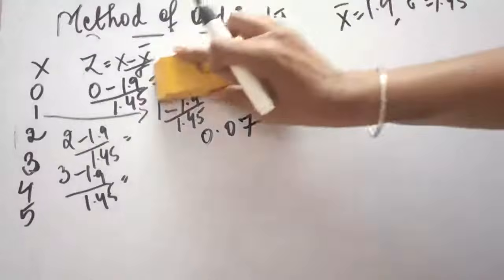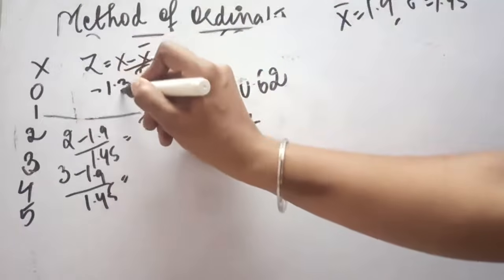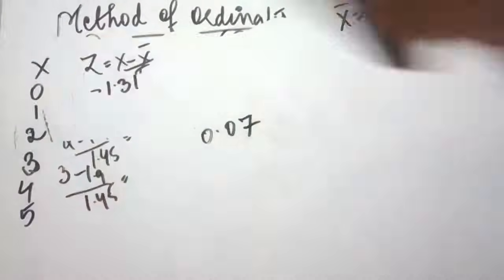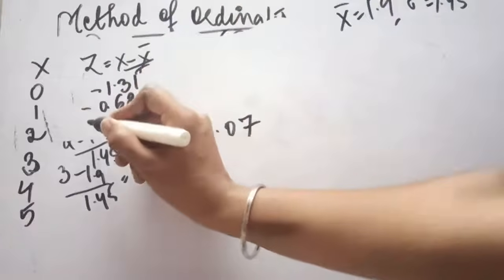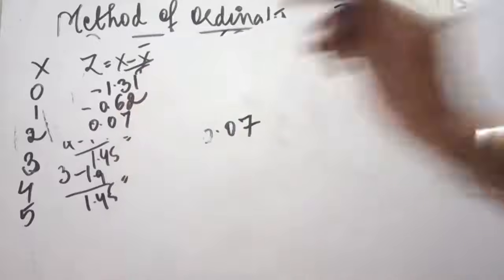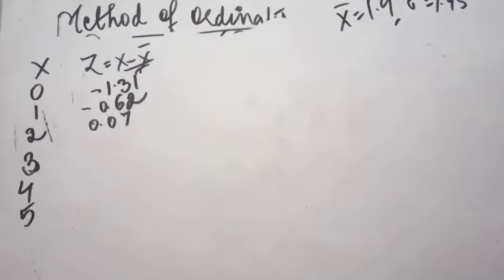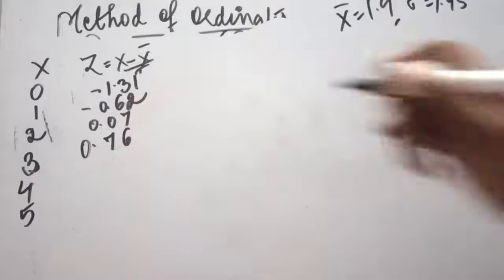I'll just write down the answers over there. The first answer was minus 1.31. The second answer is minus 0.62. The third answer comes out to be 0.07 in the positive. Next will be 3 minus 1.9 divided by 1.45, so this comes out to be 0.76.